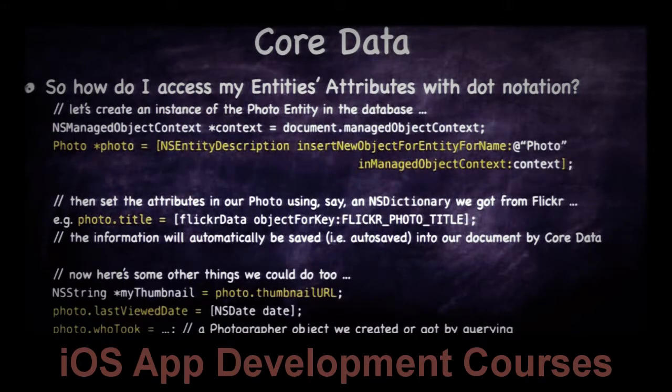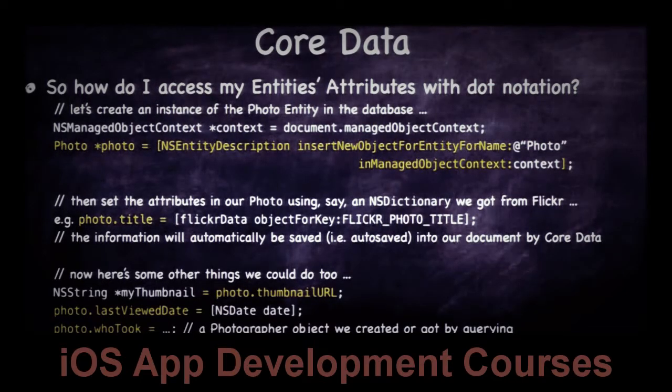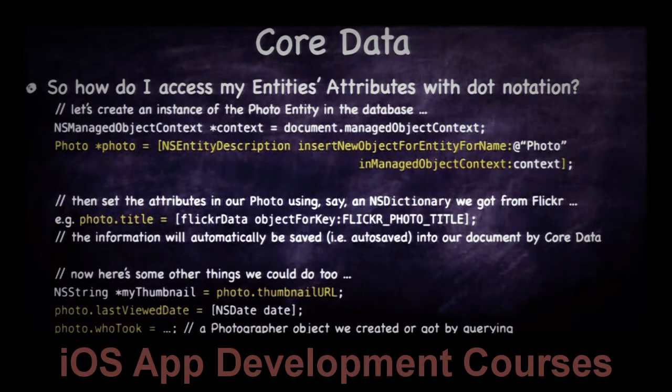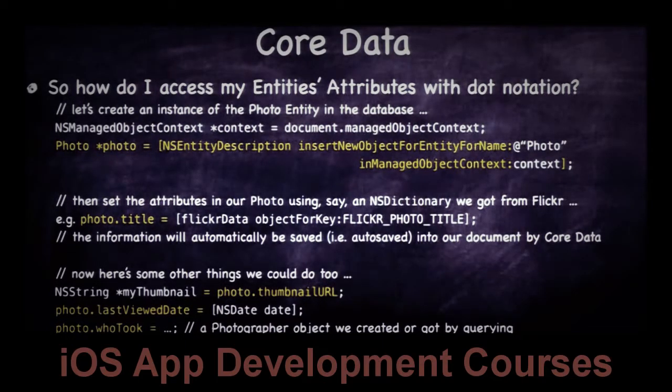Here's a whole bunch of other examples of what you would do. You can also obviously call the getter, so I could say NSString *myThumbnail equals photo.thumbnailURL. Okay, get that thumbnail URL out of there. Notice that you can't put URLs in the database. You have to put strings and convert them to URLs. I could say photo.lastViewDate equals [NSDate date]. Okay, the date method in NSDate gets the current date and time.